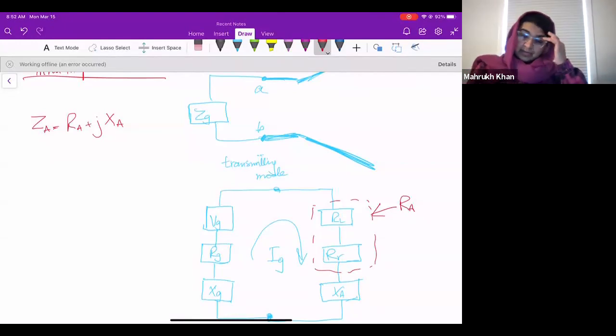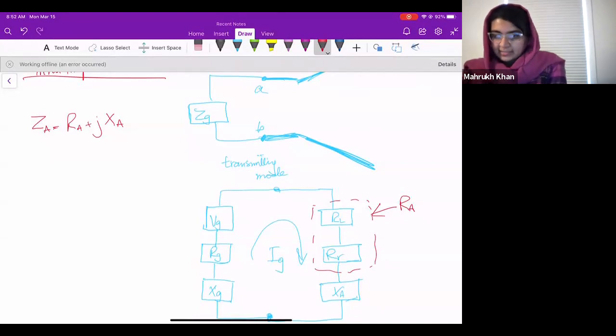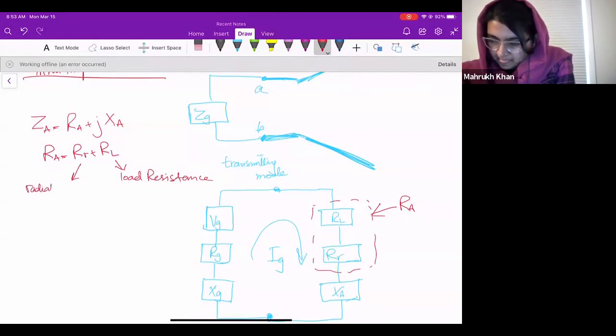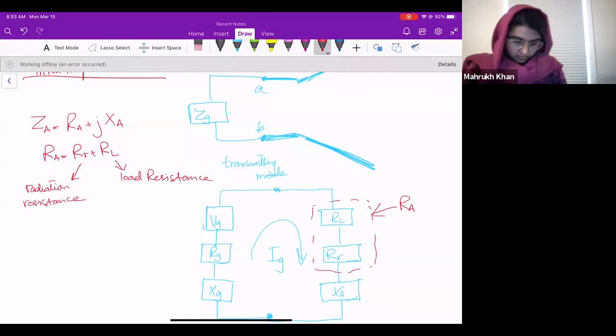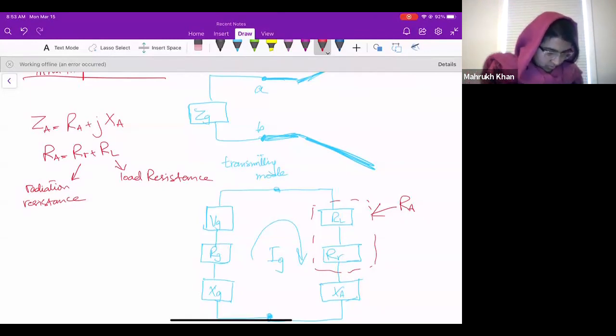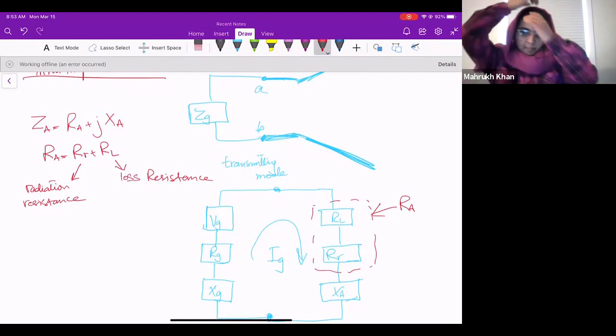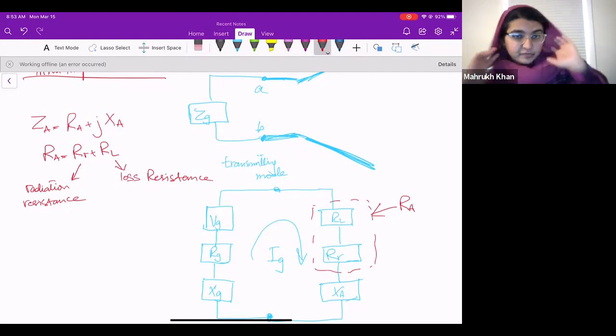So the impedance of the antenna is equal to RA plus JXA, where RA is RR plus RL, which is loss resistance, and this is radiation resistance. Sorry, not load, it's a loss. Why do they have both resistances? So this is a loss resistance. This is a loss that the antenna carries.